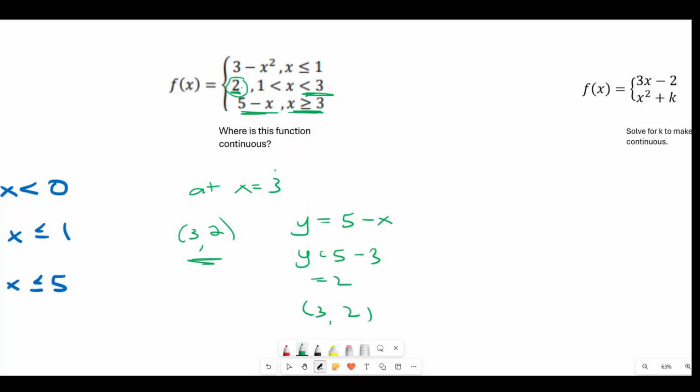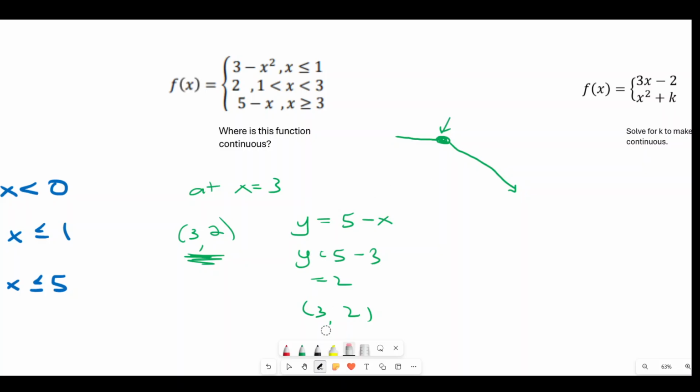So according to this function, when x equals 3, there is a point at 2, and that is the same place where this open circle exists. So again, now we have an open circle from that horizontal line, but then we have a straight line that closes the circle. So they meet at the same point. So it's continuous at x equals 3.